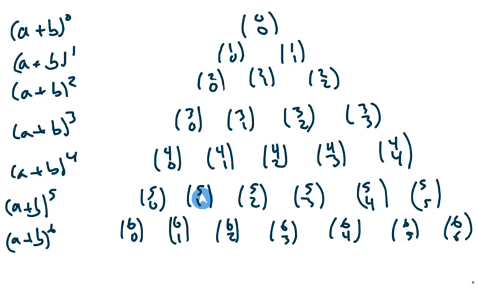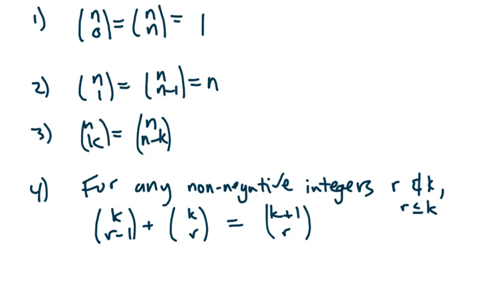Where here k is 5 and r is 2, so that this is r minus 1. 6 then would be k plus 1, and 2 is still r. Note that this is this plus this equals this. That was the defining moment of Pascal's triangle. That's what this property is saying.